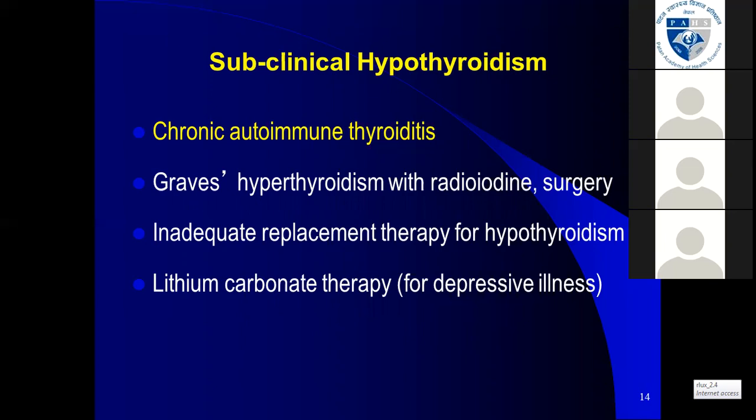There could be hypothyroidism after Graves disease, where radioiodine therapy is initiated, and sometimes surgery also. Inadequate replacement therapy for hypothyroidism can cause subclinical hypothyroidism also, and in patients taking lithium, especially for depressive illness, there could be subclinical hypothyroidism.